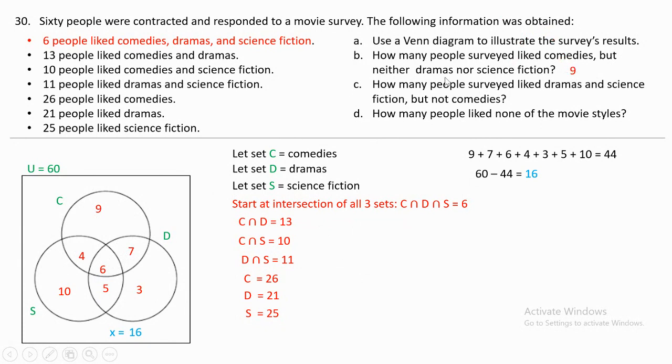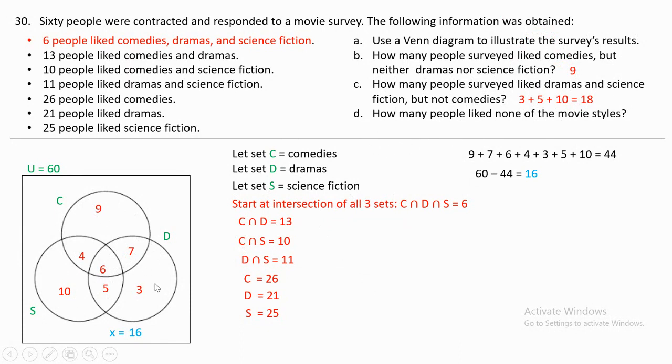Okay. How many people surveyed like dramas and science fiction, but not comedies?